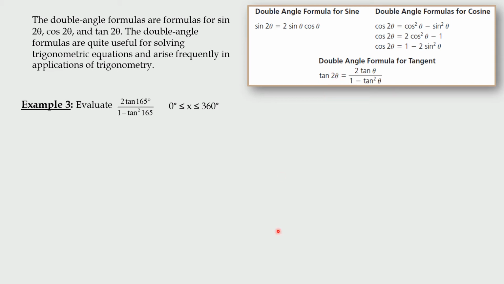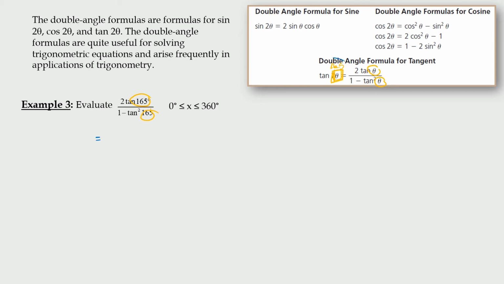So I got to take this theta. Let me just draw some lines here. These 165s that were in the question take the place of these thetas, which means this theta as well, not the 2, just the theta has to be replaced with a 165 as well. So I'm going to rewrite that as tan.